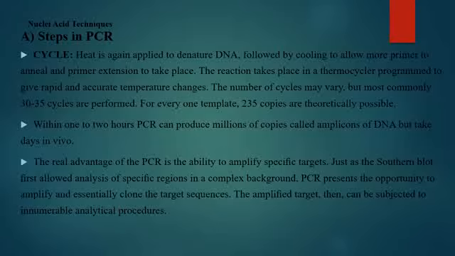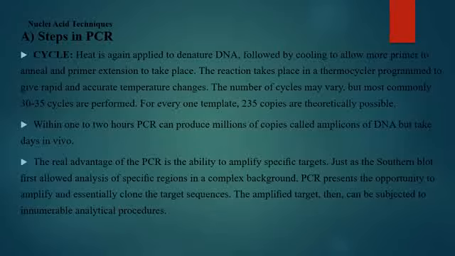And then for every one template that you have within there, 2^35 copies are produced. So if you have 100 copies, and we are producing 2^35 from each, then you can imagine that 100, and each is 2^35, you will have 2^35 of each produced.